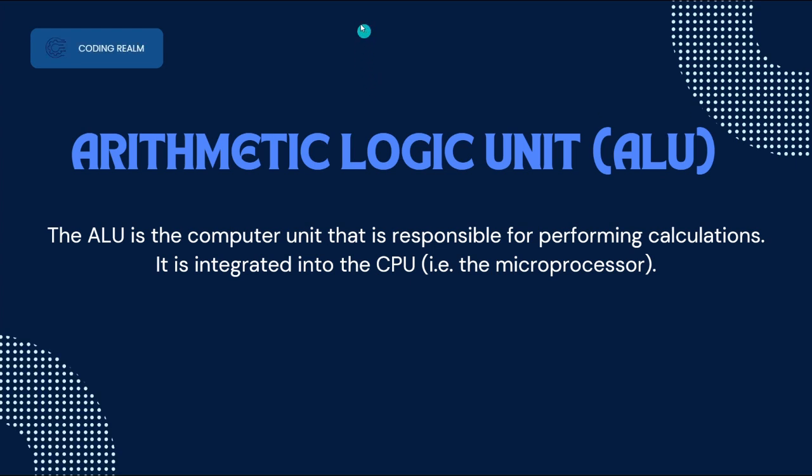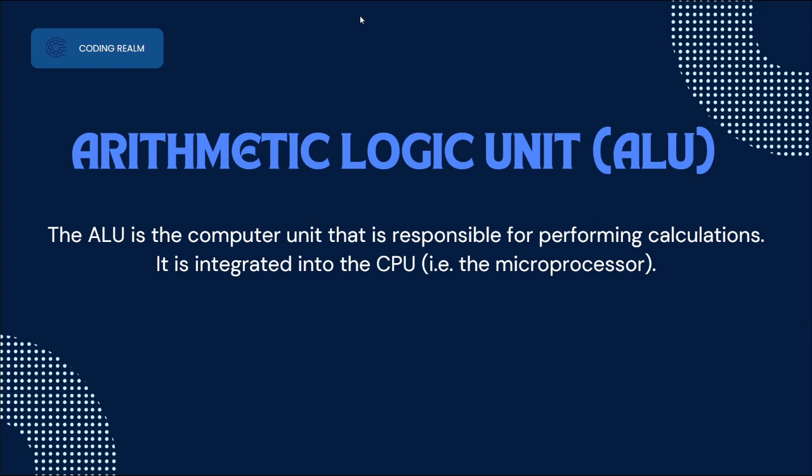Now let's talk about the arithmetic logical unit, ALU. The arithmetic and logic unit, ALU, is a component of a computer that is responsible for performing basic operations. These operations include arithmetic operations like addition, multiplication, and division, as well as logic operations.